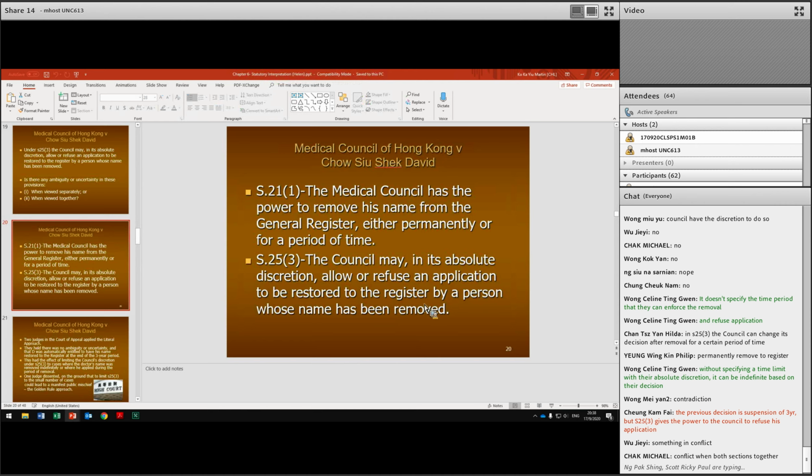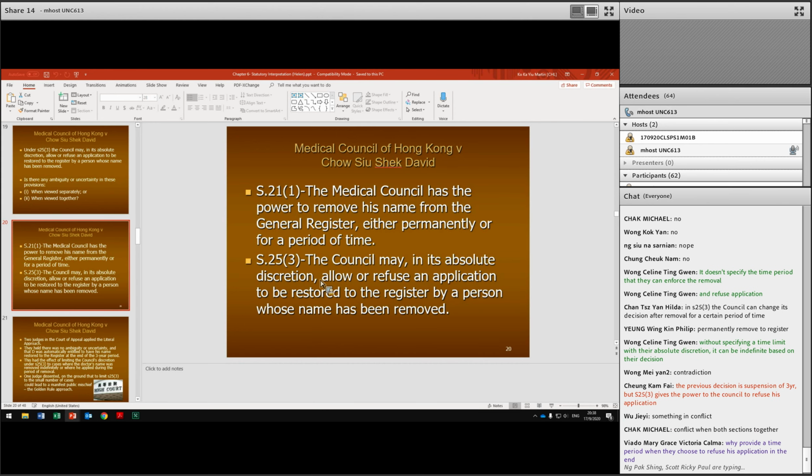When you look at these two sections together, you will find that it may be something ambiguous. So if you interpret section 25, subsection 3 in this way, and you think that the council always has the discretion to refuse an application, then 3 years does not mean 3 years. 3 years may mean 30 years. 3 years may mean forever.